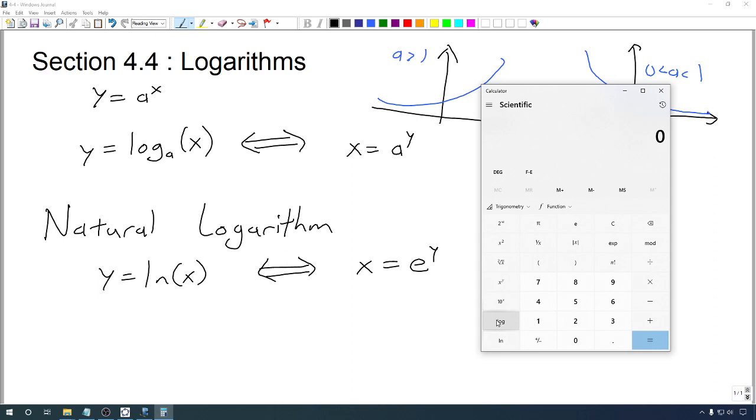It used to be very commonly used back before we had calculators, because calculations could be simplified by using logarithms and the properties of logarithms. It's not as important anymore, but it still exists because the common logarithm found its way into some formulas, especially in chemistry and stuff like that. So we're almost entirely only going to be looking at the natural logarithm, the ln, that we have on here. But your calculator should have a button for that.